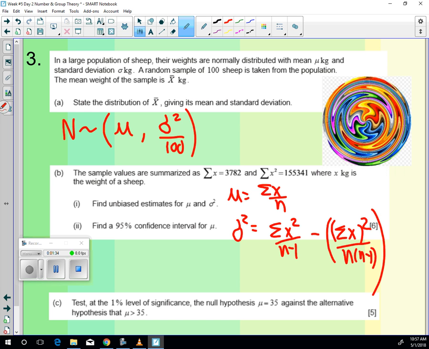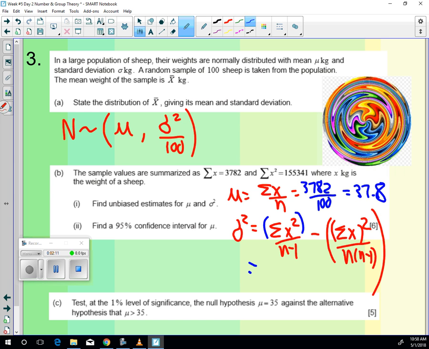This is obvious, isn't it? 3782 over 100. If it's 3 significant digits, it's 37.8. Then for this one, when you do that number, you don't square it, you just take that number divided by 99 minus this number squared over 99 over 100.